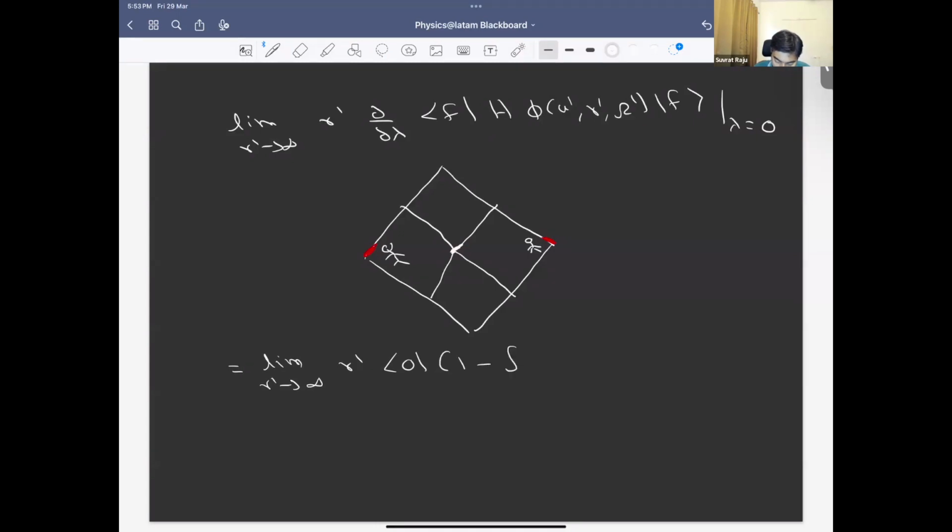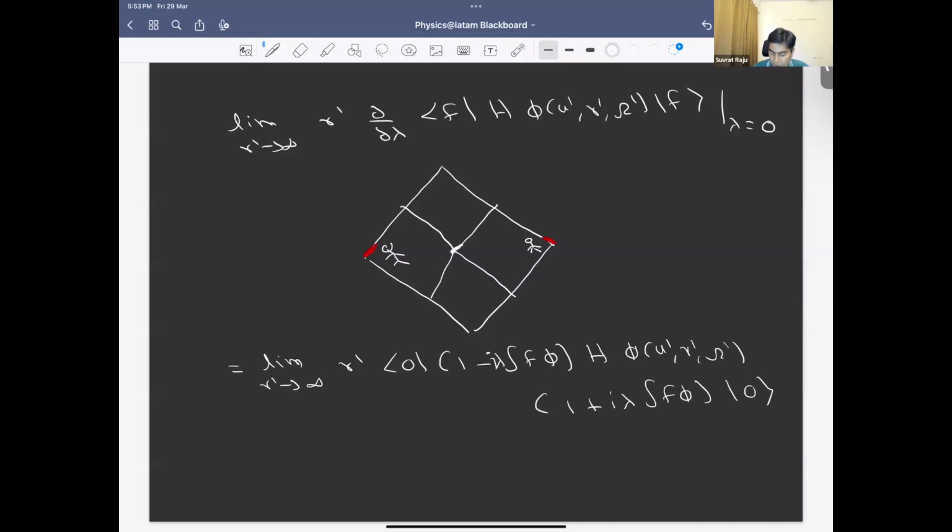It's 1 minus integral f phi, h phi U prime R prime omega prime into 1 plus i lambda f phi, times 0.